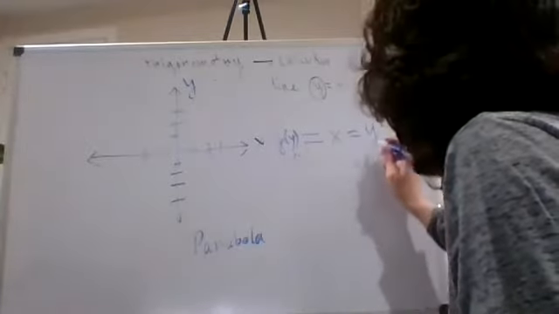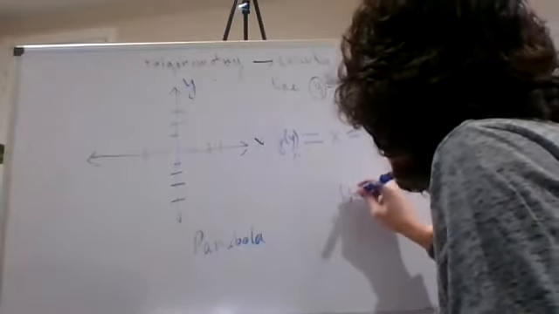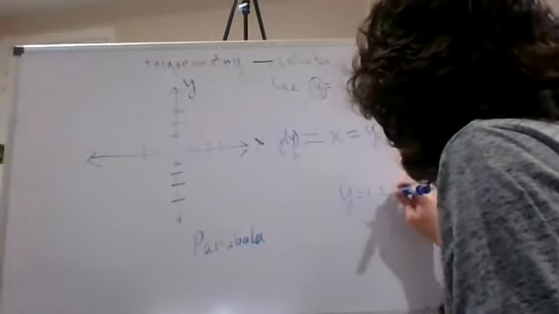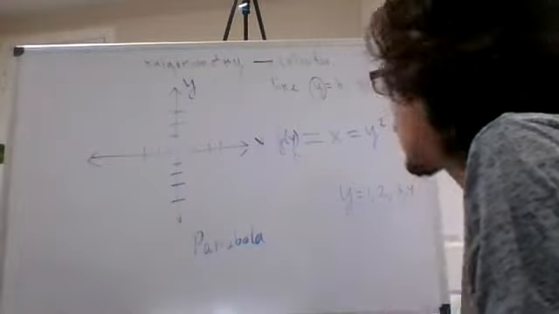So that means it is with y that we will be counting x when y is equal to 1, 2, 3, 4, and so on.